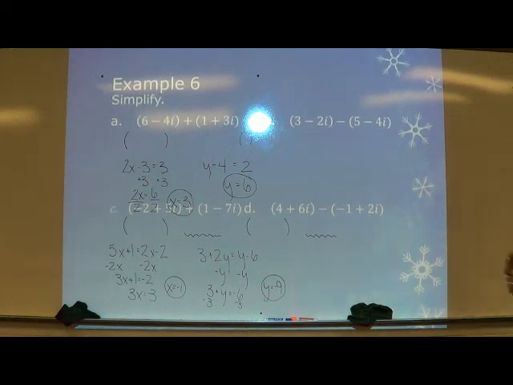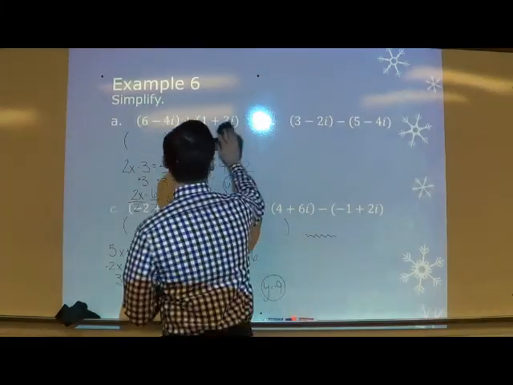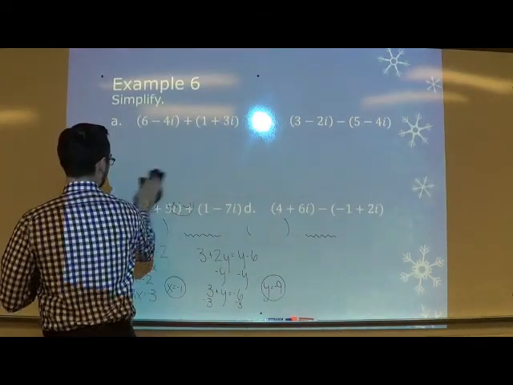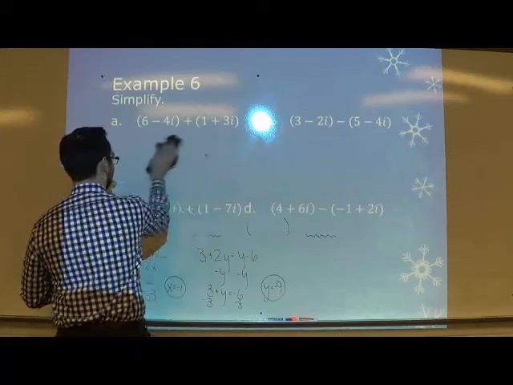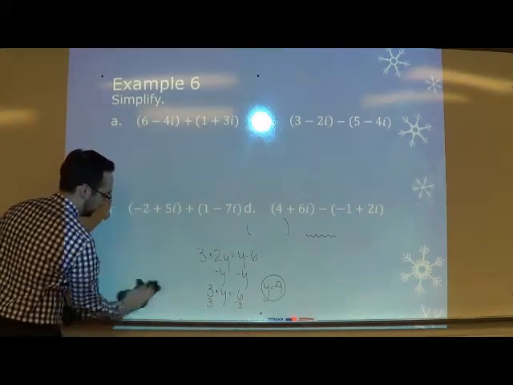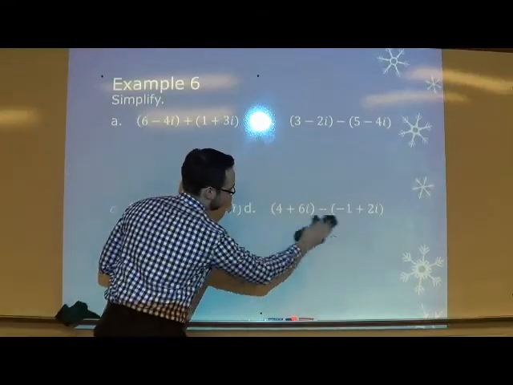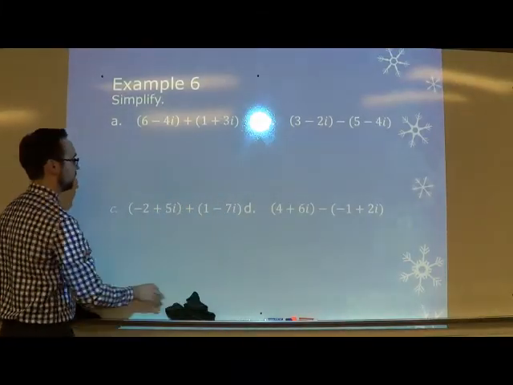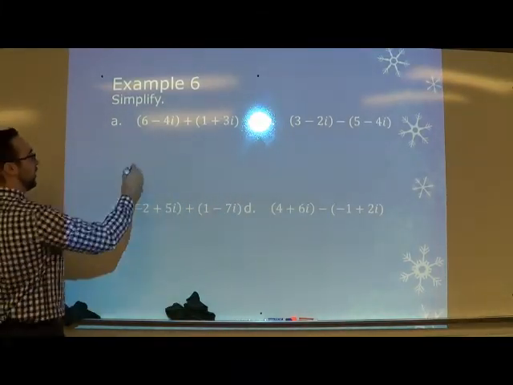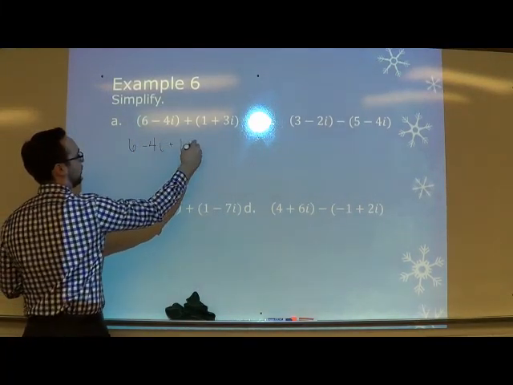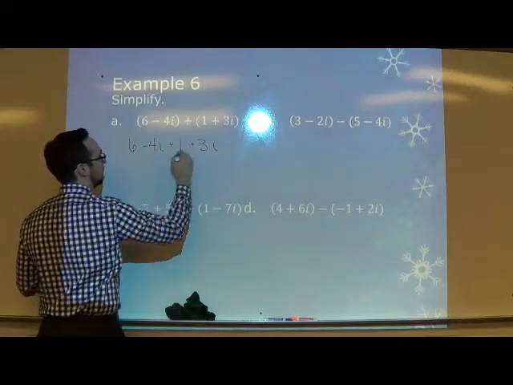Now here's where we're adding and subtracting complex numbers. This is where it's like adding and subtracting like values. So just like we've added and subtracted x's in the past, we're doing the same thing with the i's. So here I have 6 minus 4i plus 1 plus 3i.